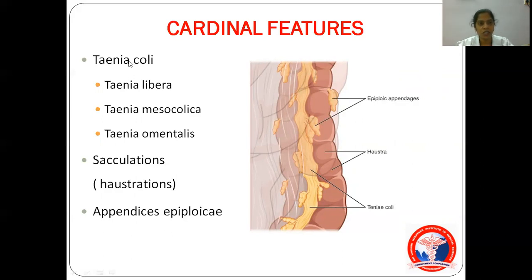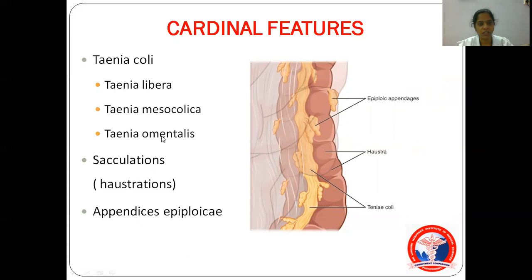Tinea coli is a band. We have three types of tinea coli. The large intestine has anterior, medial and posterior surfaces, and within those surfaces you can see these three bands. Anteriorly, you can see the tinea libera.